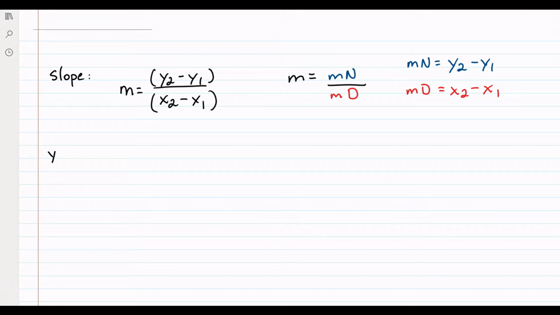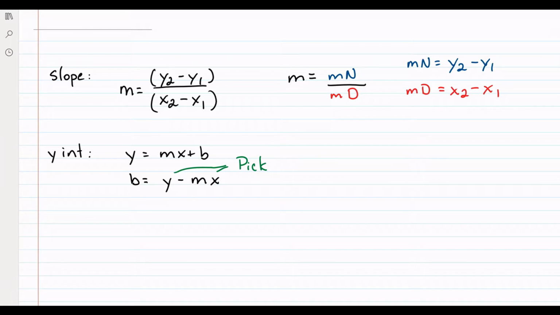Y-intercept, that's the b value. Okay, so we know the equation is y equals mx plus b. So if you rearrange that equation to solve for b, then b is equal to y minus mx. And we just need to pick values for x and y.